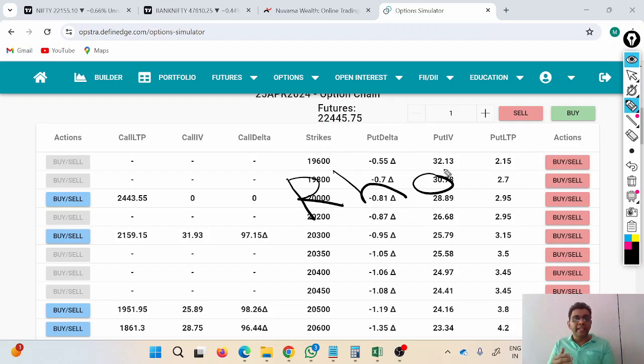Tomorrow, if the bank increases the interest rate, instead of 10%, I may put 20% in bank FD and 80% in option selling. So that 10% volume has reduced in the market. If every option seller puts some of his amount from option selling into bank FD, then automatically volume is going to decrease in option selling.